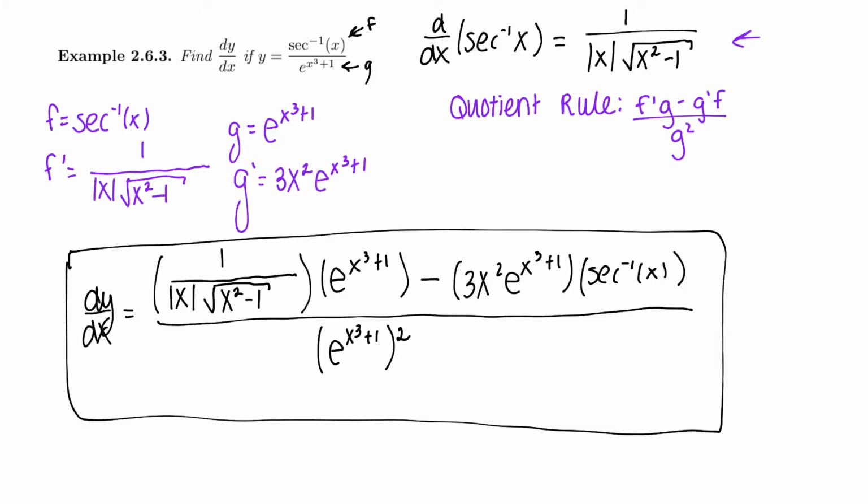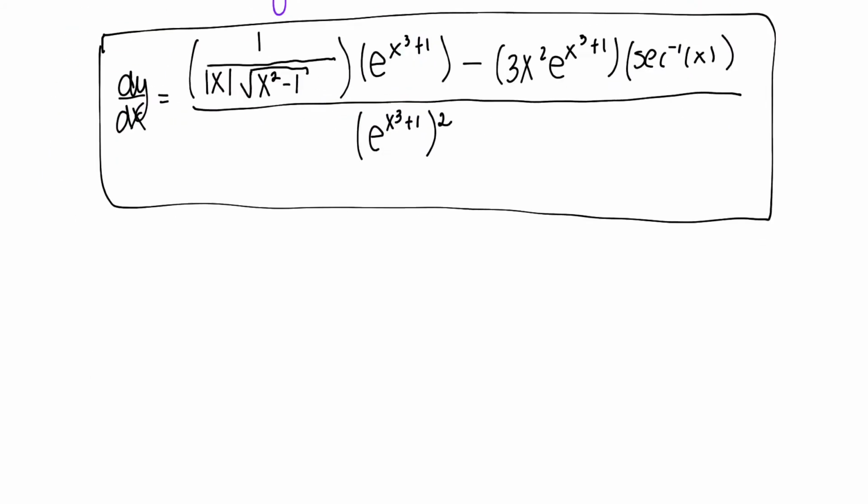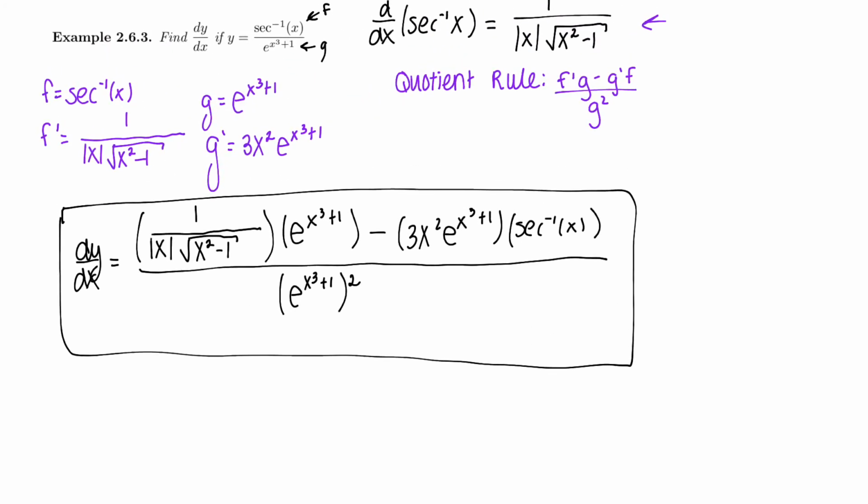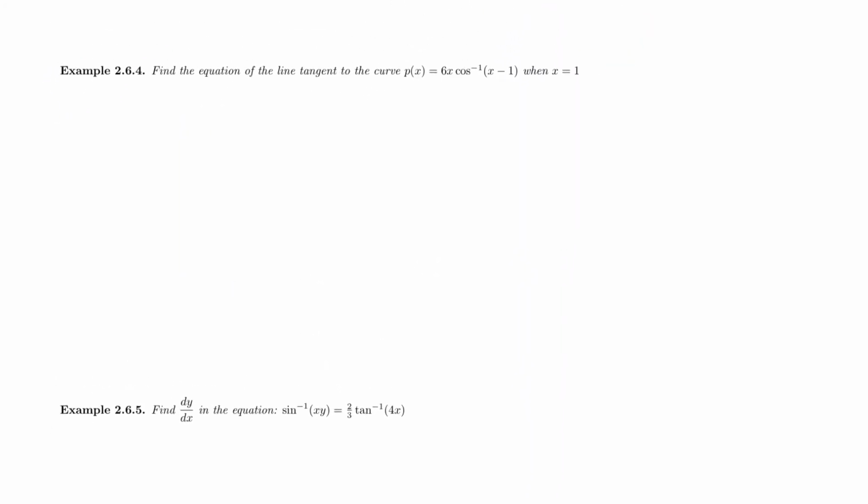Hopefully that went well. I do want to talk about the answers to the remainder of this section. I think there's only 2 problems left in this section. And if you want to do these on your own, I just wanted to talk about the answers to this one. So for this one, you're finding a tangent line.